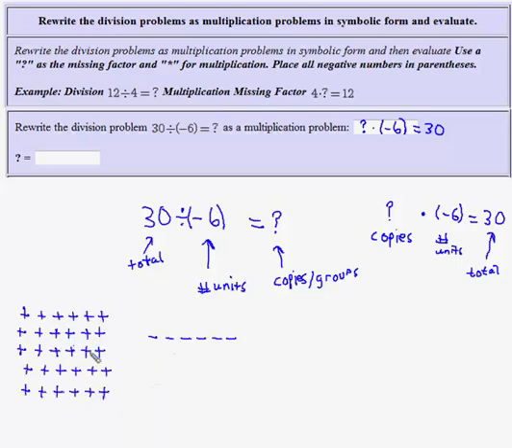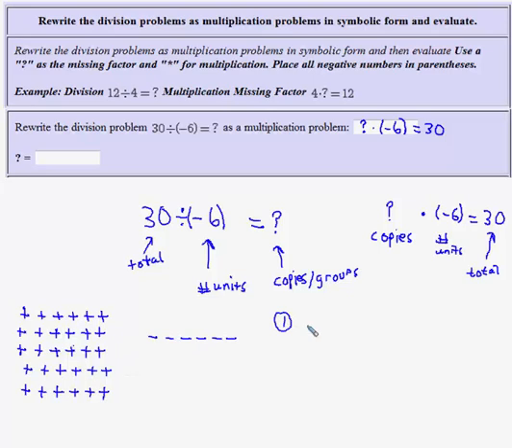Even though I have to make 30 positive chips, and I must do this by making several copies of 6 negative chips, the fact that they're opposite in sign only means that when I get my final answer, I will simply take the opposite of that answer. So don't pay attention to the sign at this point. It's just how many copies of this would I have to make to get 30 things.